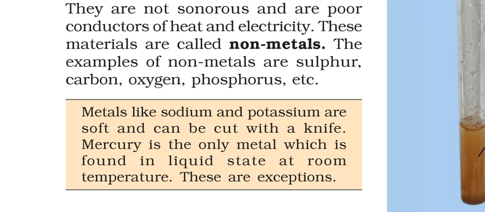But mercury is one such metal which is found in the liquid state at room temperature. This is one of the exceptions of metals. Did you understand? I think you understood. Thank you guys.